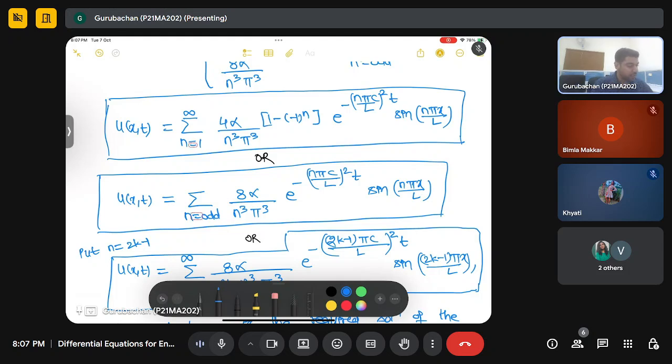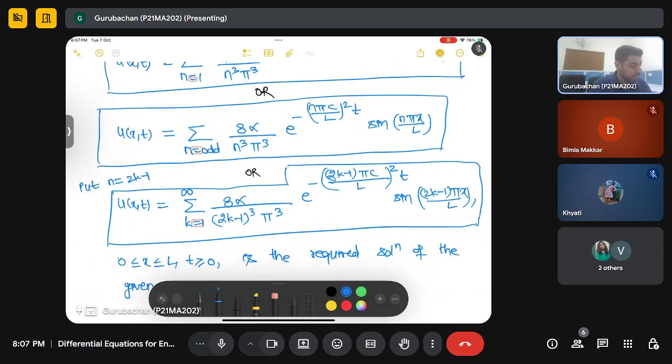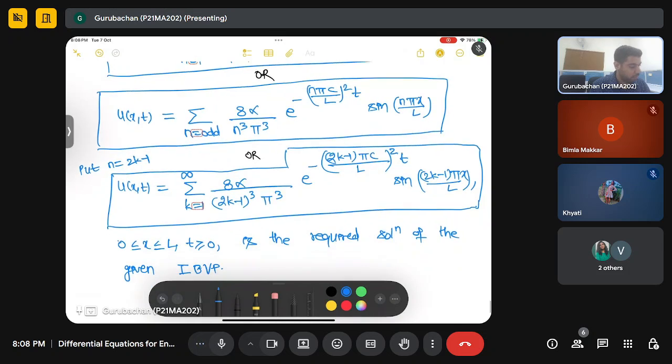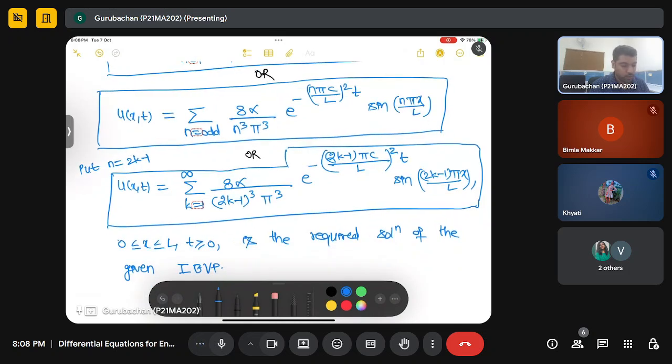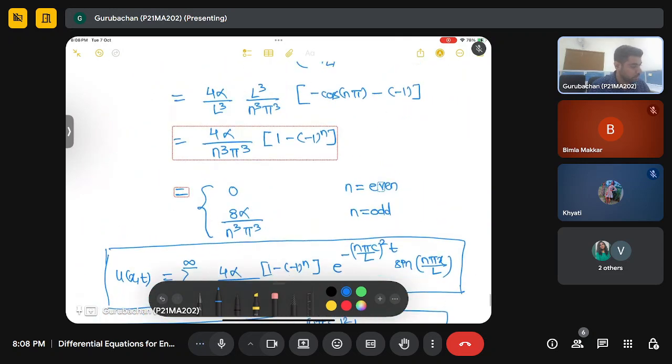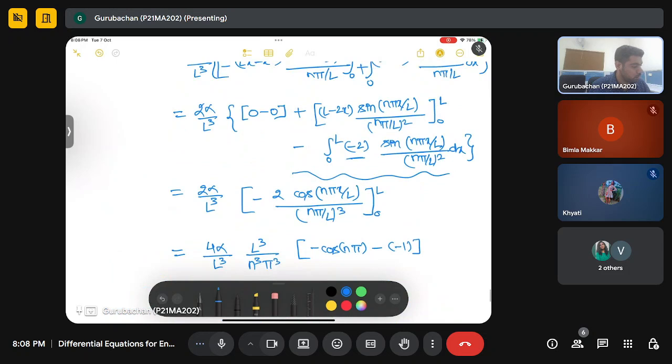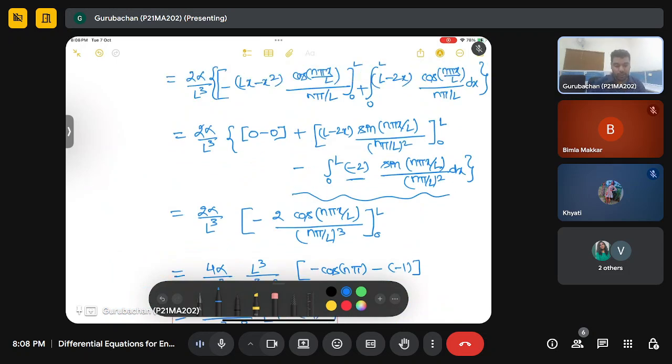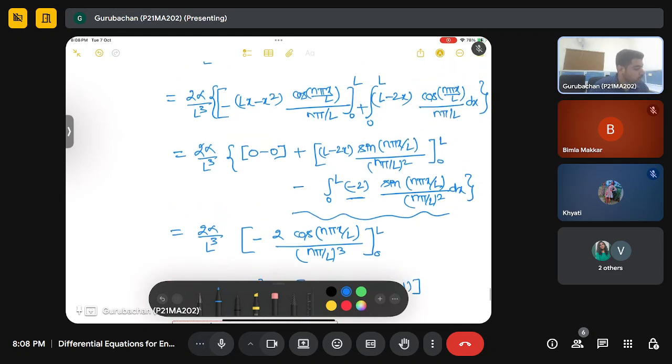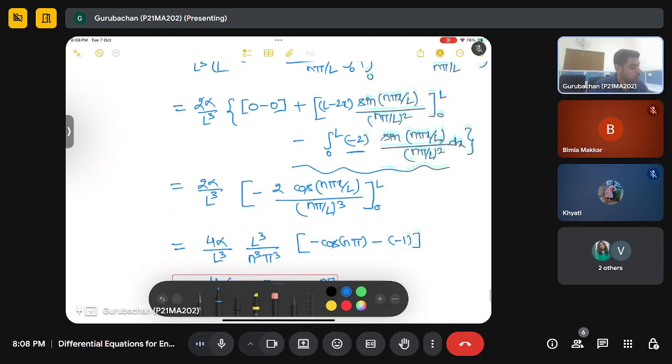So let me just recheck this form. So this is 8 alpha pi cube L. Okay, so there is some, I think, ambiguity. Just let me check it. So 8 alpha L divided by, there should be 8 alpha L. Why so?